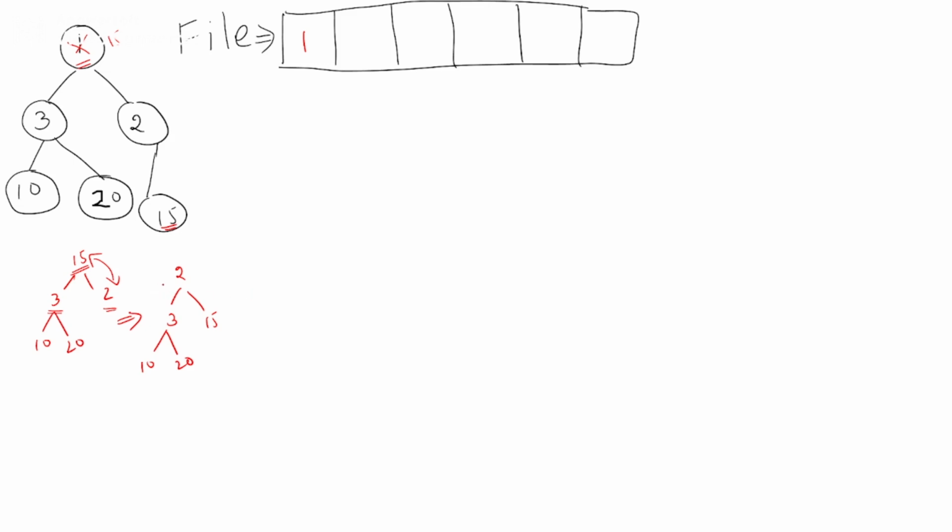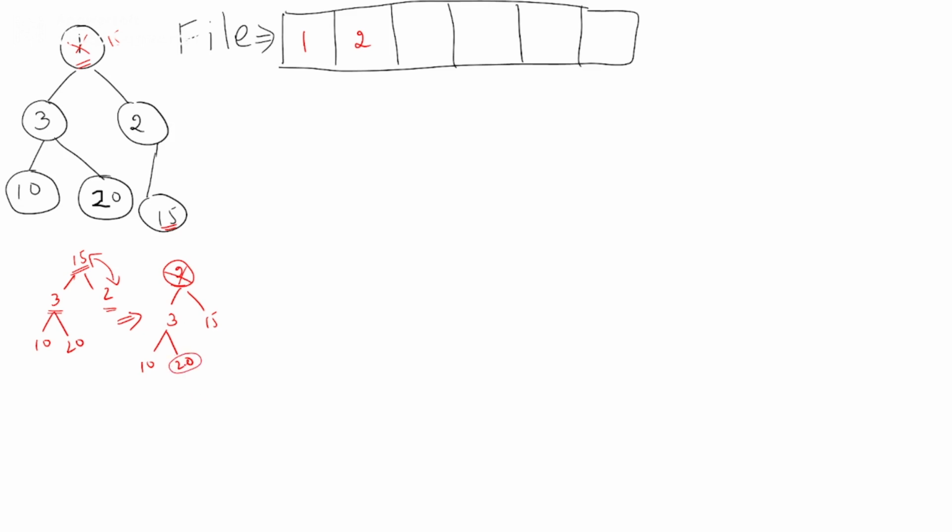Next, again I want to write the element into the file. So the next root element, that is 2, will be written over to the file. When I write 2 to the file, we need to remove this from the heap. When you remove this, you need to select the last element.